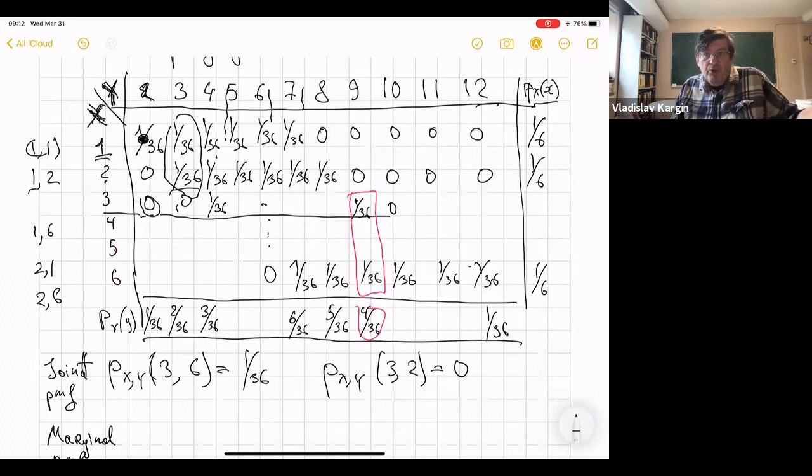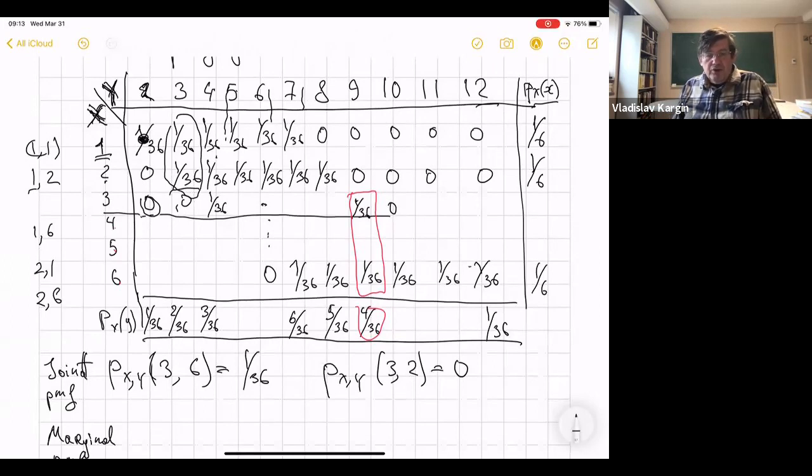It's possible to calculate it without using the joint distribution, and at some point we calculated this PMF without using the joint distribution of x and y. But this is an example of how it can be calculated using the joint distribution of x and y.